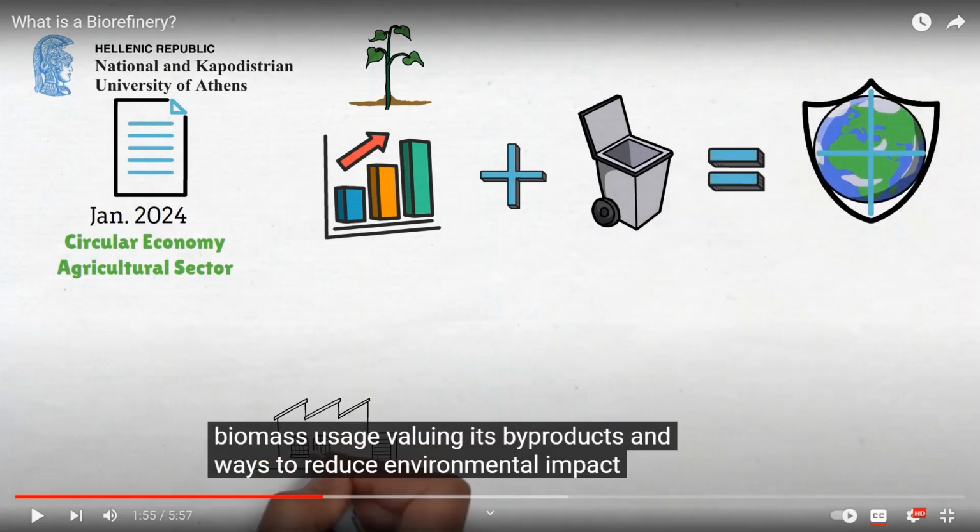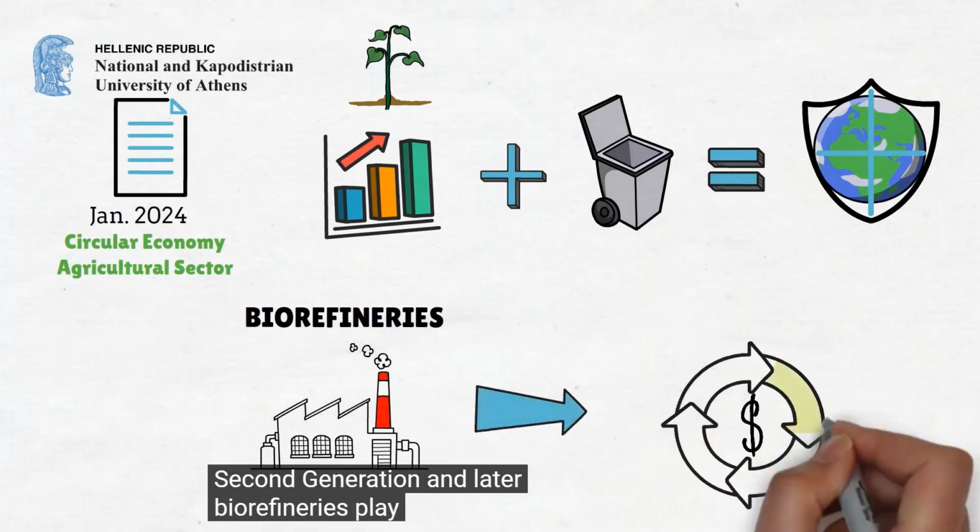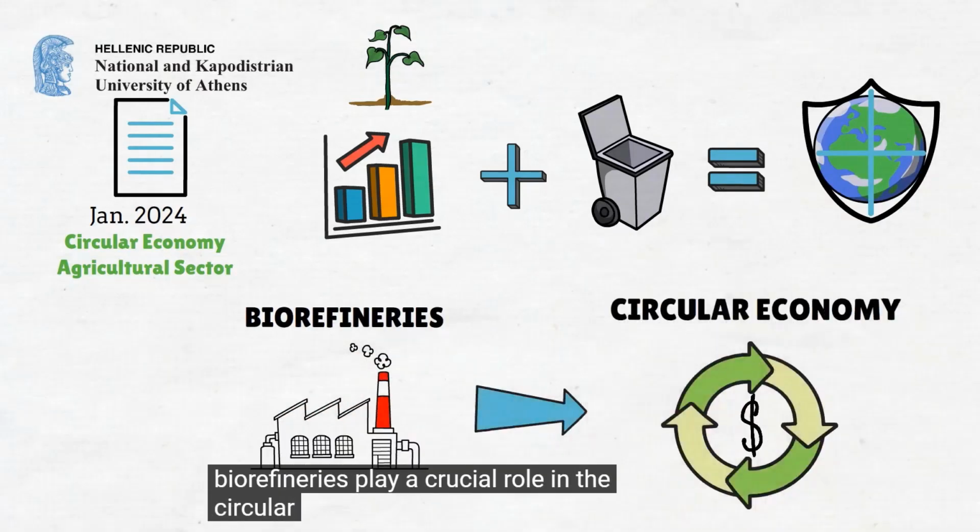So it is a study about the bioeconomy, showing how economically profitable the biomass used for biorefinery is, and that it won't have any bad effect on the environment. Thus, second-generation and later biorefineries play a crucial role in the circular economy.